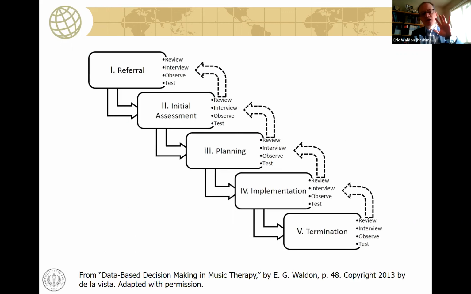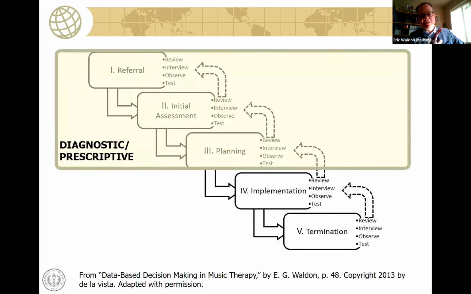So if we look at these four different types or these four purposes of assessment, we can overlay those on top of the database decision-making model. Again, we're looking at that five-stage, five-stair-step model. And we see that diagnostic and prescriptive assessment is largely occurring during referral, initial assessment, and planning.